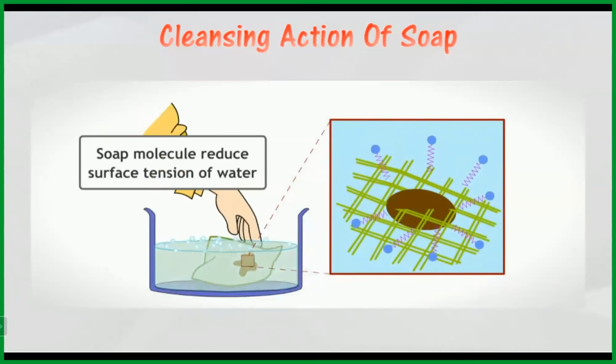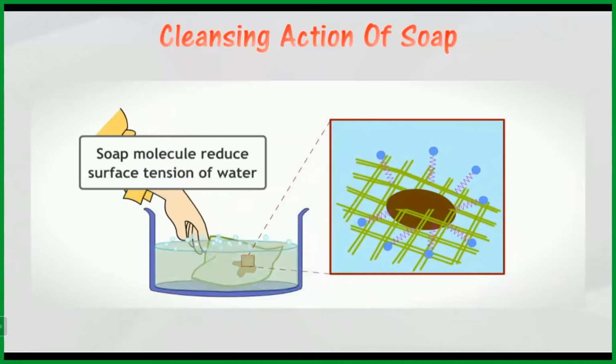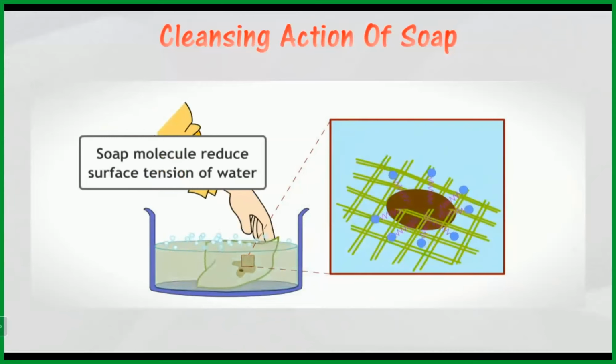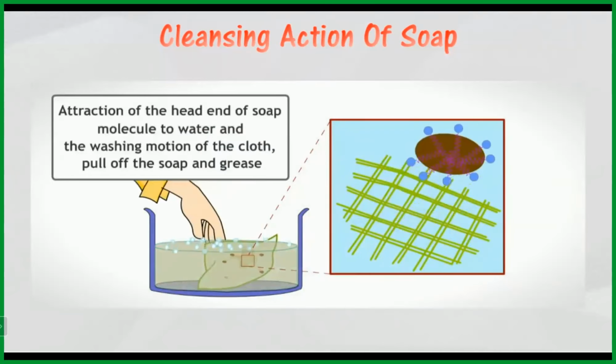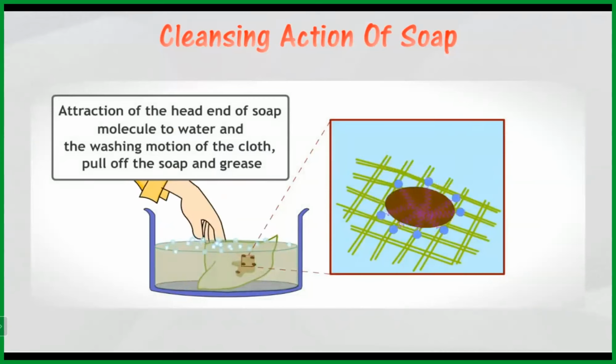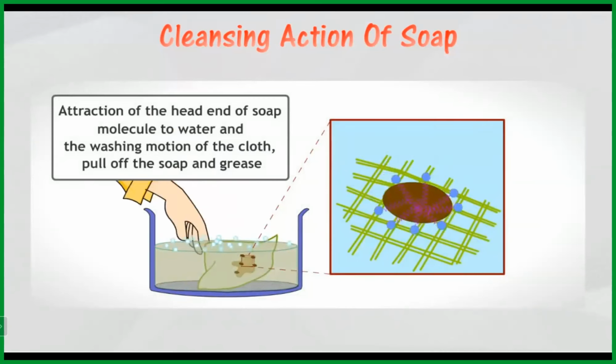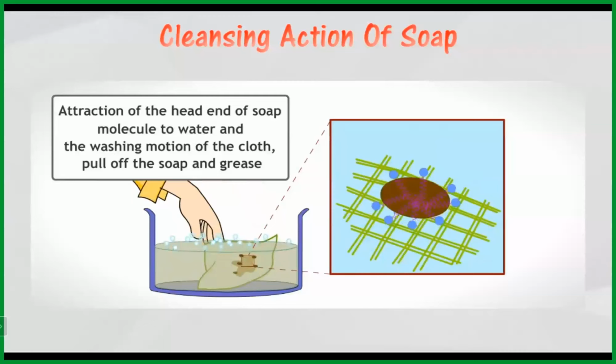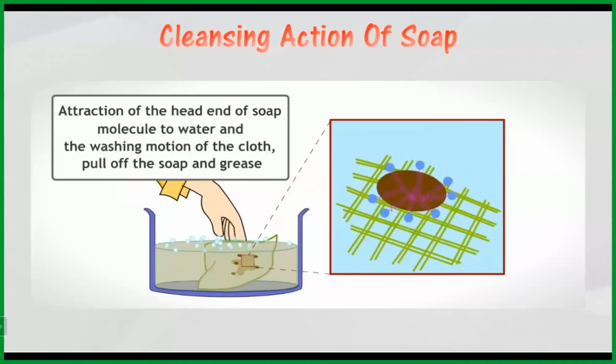This is how it looks when it sticks to our clothes. See the blue color here, like in the advertisement. That blue part is the ionic part, which will be soluble in water. Now in that fabric you have the grease. When you apply the soap, it creates micelles.